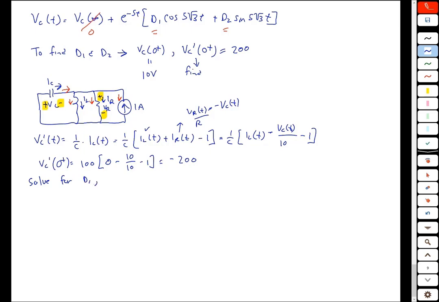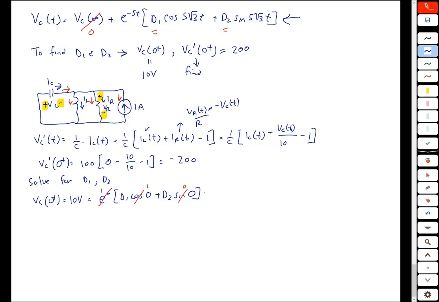To solve for D1, we see that VC of 0 plus, which we know is 10 volts, equals what? Plugging into this equation here, it's e to the 0 times D1 cosine of 0 plus D2 sine of 0. Sine of 0 is 0, cosine of 0 is 1, e to the 0 is 1.